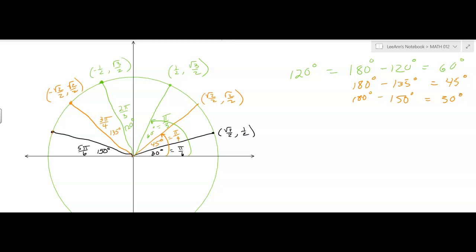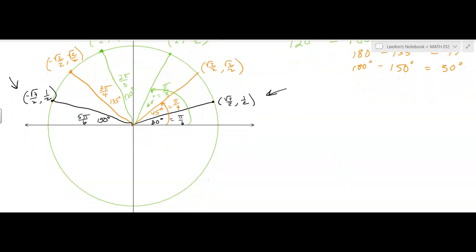So it's going to have the same values, except the x is going to be negative. So you're going to have a negative square root 3 over 2, comma 1/2. Do you see how they're matching up? And then we keep going around the circle into the third and fourth quadrants.